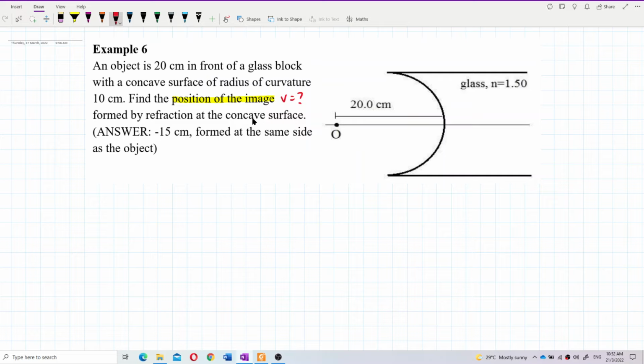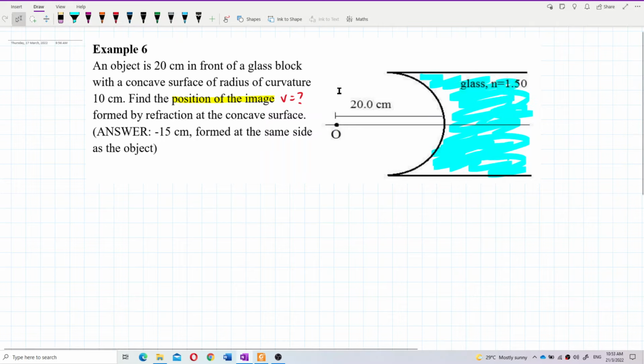So he wants the image distance. Okay, so by the look of this diagram, this is considered refraction at one surface, refraction at a spherical surface. So here we have a glass block. This is the glass block, whereas outside is the air.